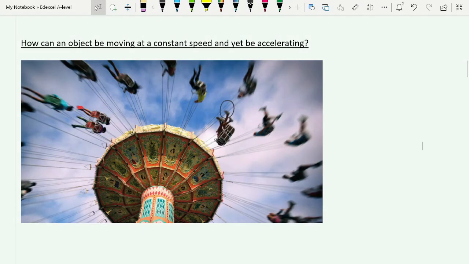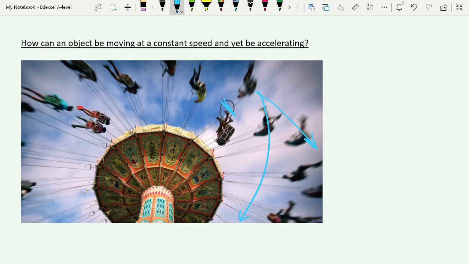Which leads us on nicely to this idea of how could an object be moving at a constant speed and yet be accelerating. So this catches out people who think acceleration is just a change in speed. If an object is moving in a circle, if we look at these people on the roundabout here, they're moving around in that direction, you know that if you cut the chain here, that person would shoot off at a tangent to the circle.